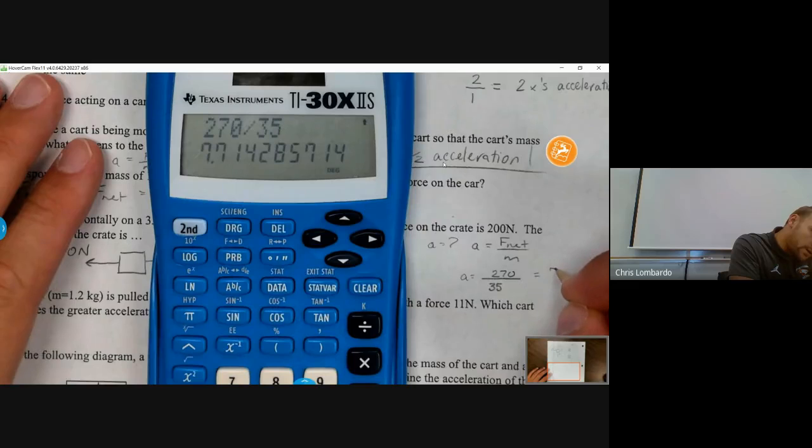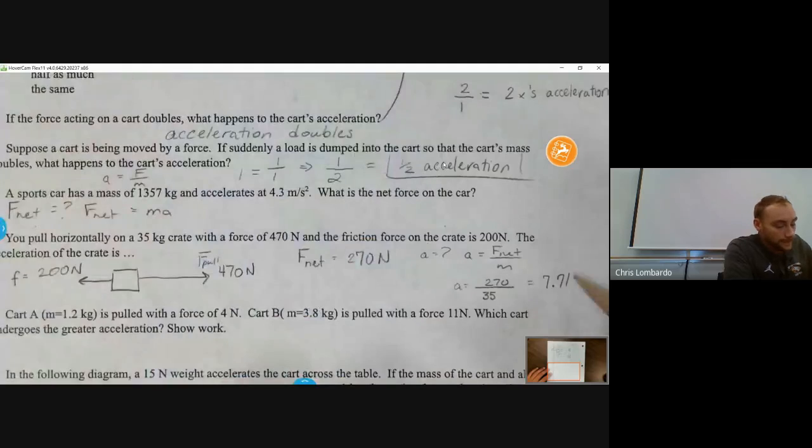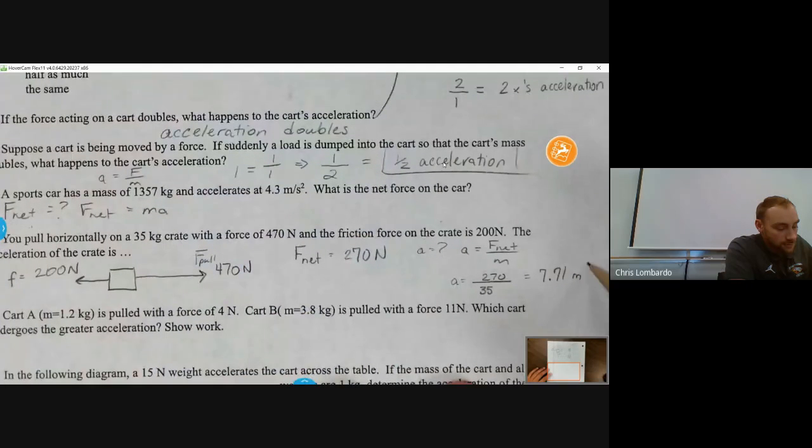Rounding to 2 decimals, we'll call it 7.71. What is the unit for acceleration? Meters per second squared.